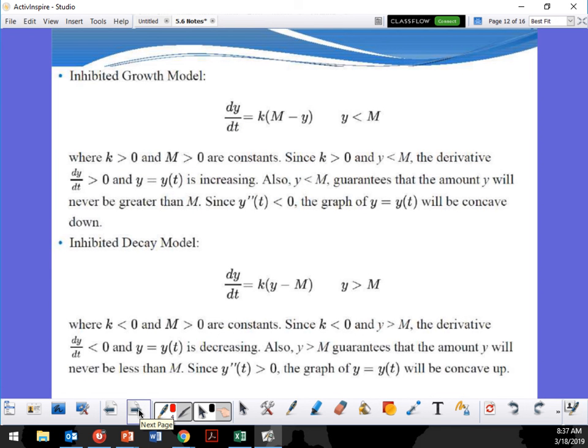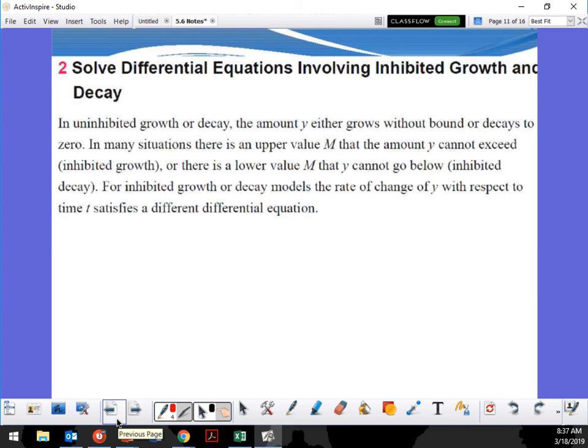Okay, so here is the whole model to go along with this. Where k is greater than 0, inhibited growth, right? Where m is also greater than 0, and m... did it state m here?